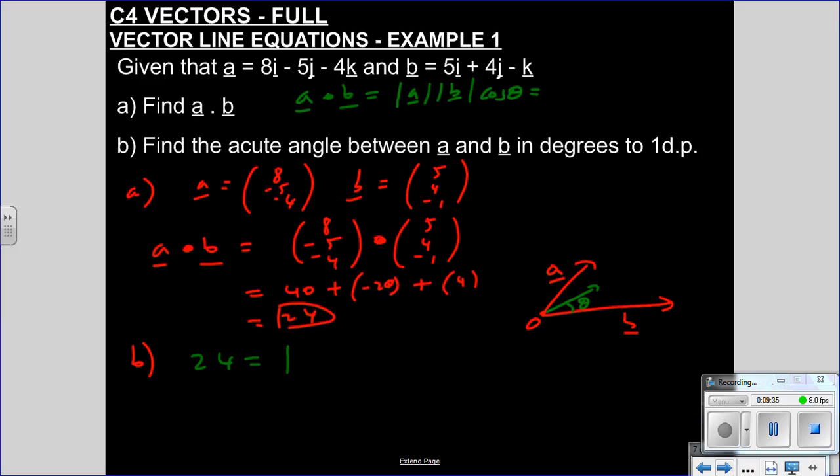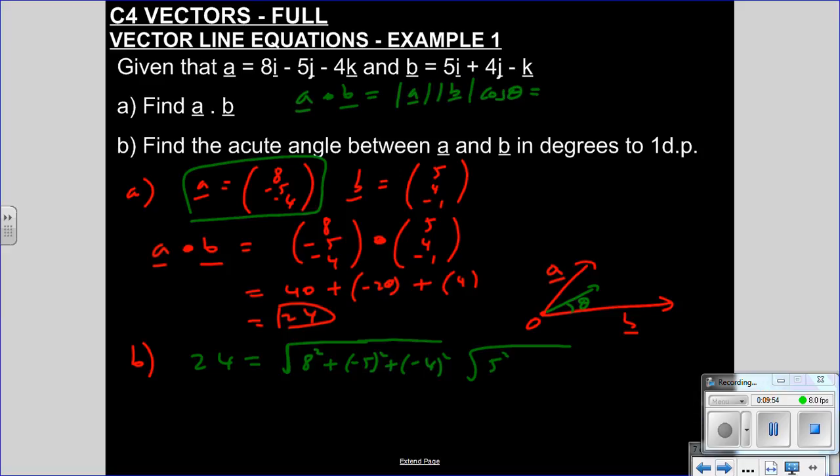And that equals mod A times mod B cos theta. Now what is mod A? We already know that the magnitude of a vector is the square root of its top element squared plus middle squared plus bottom squared. And same with B. So 5 squared plus 4 squared plus minus 1 squared, cos theta.